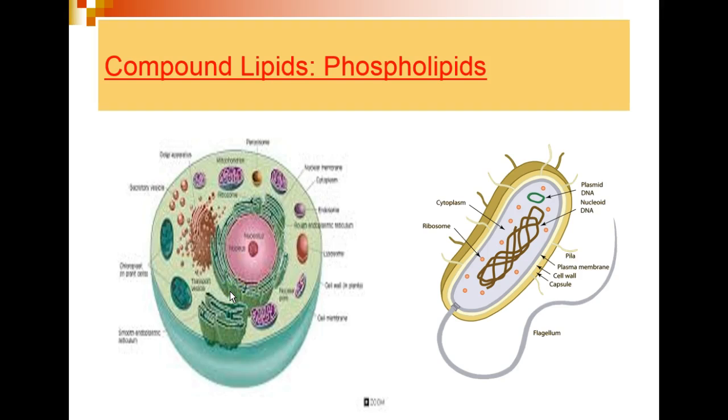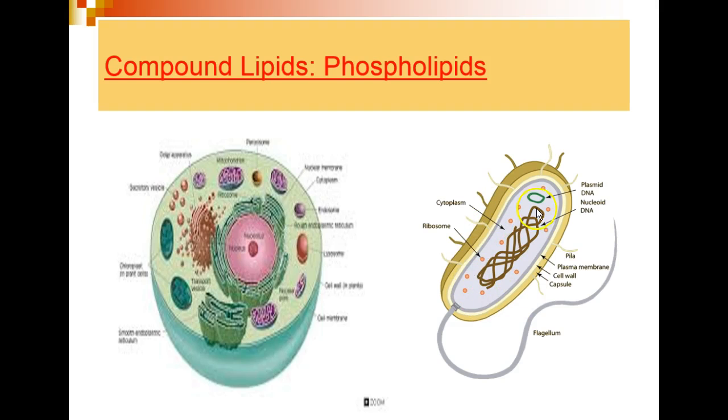The function of phospholipids is to make cell membranes. In eukaryotic cells, the cell membrane is made of phospholipids, as are the cell membranes found inside organelles, inside the mitochondria, making up endoplasmic reticulum, Golgi apparatus, and lysosomes.